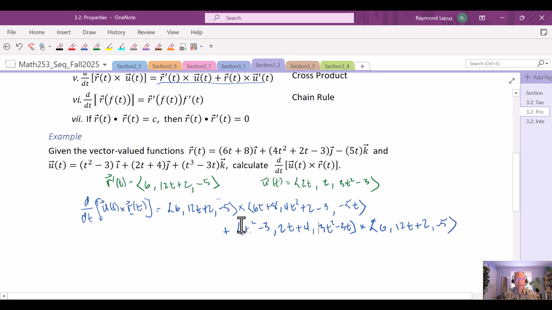Okay, now here in this expression we have to do two cross products, so why not do one cross product and take the derivative? Well, the answer is that this might be easier if you actually have the functions u and r given to you.